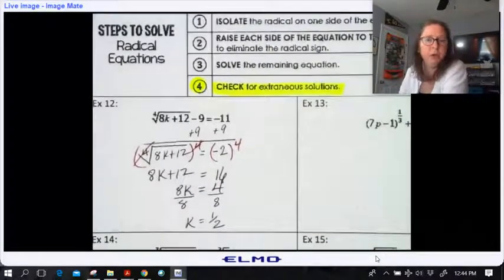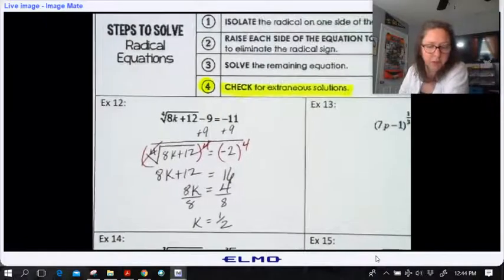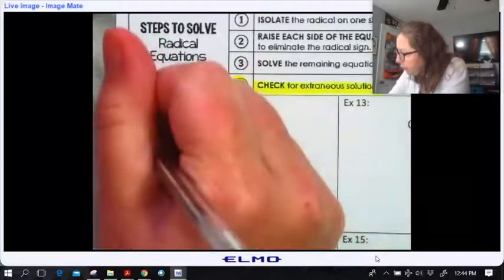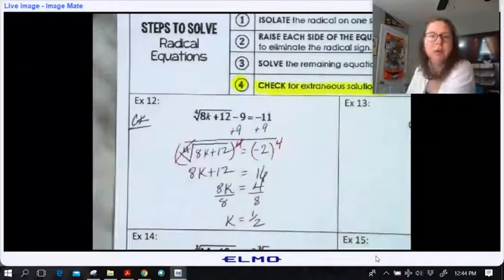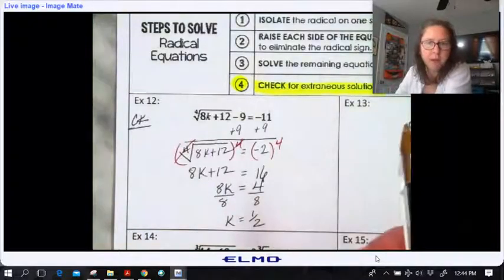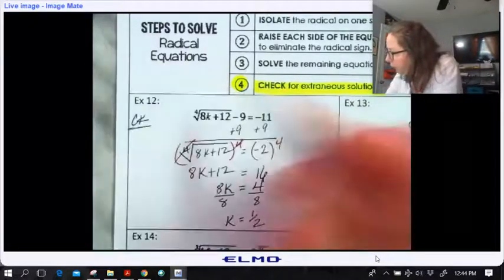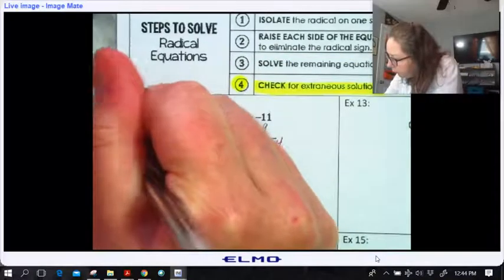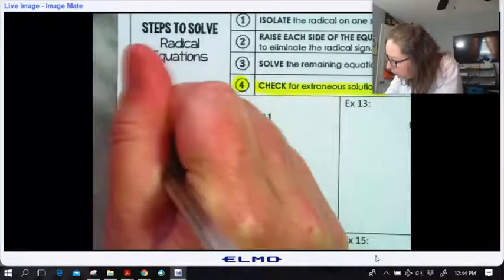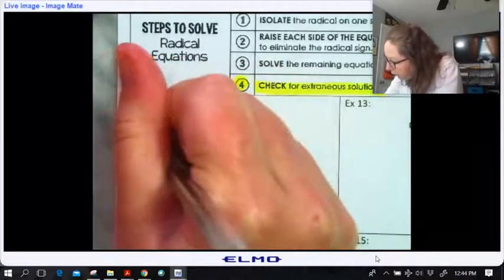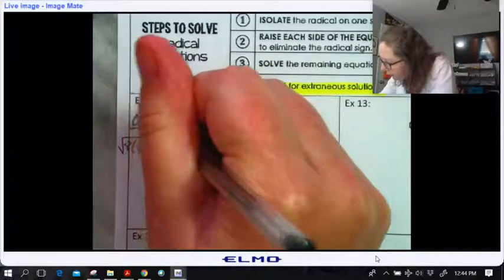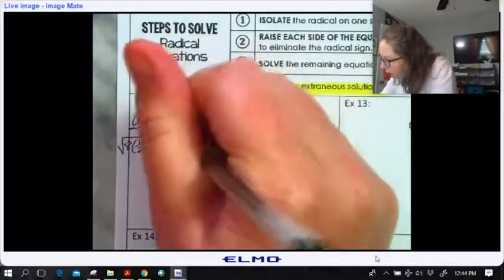We followed all the rules, but we have to check our work. So let's do that over here. I'm just going to plug in 1/2. So the fourth root of 8 times 1/2 plus 12, minus 9 on the outside of the root, equals negative 11.